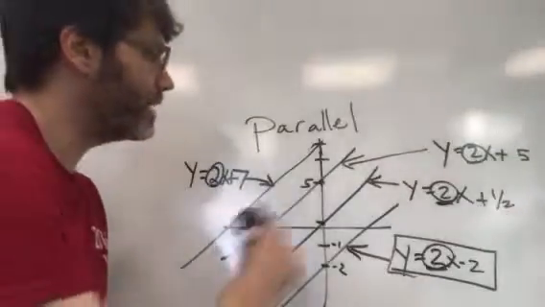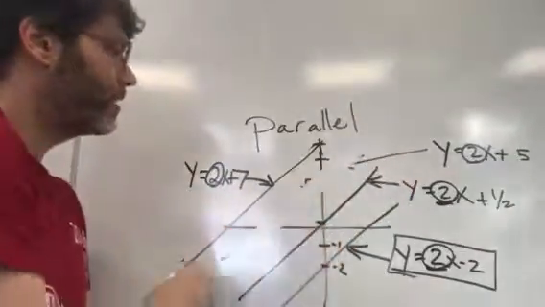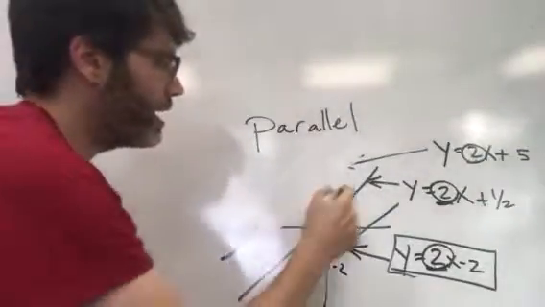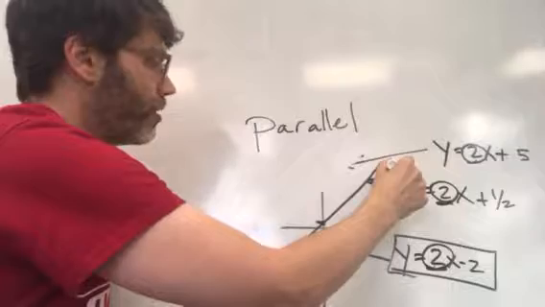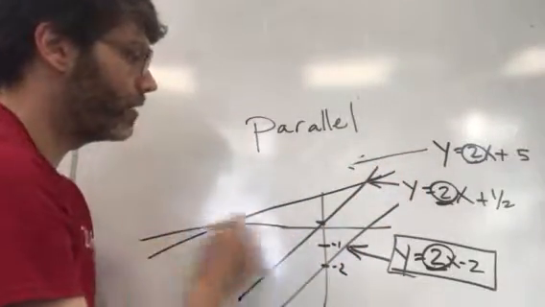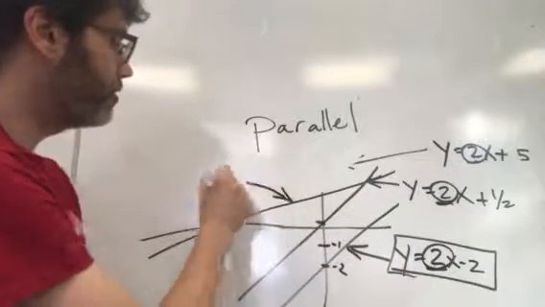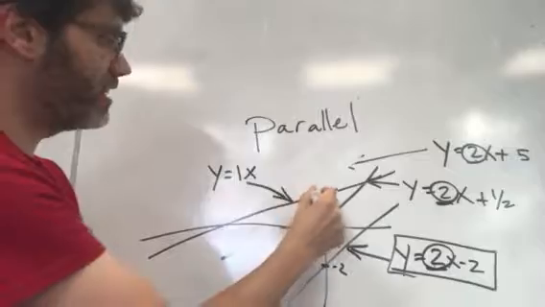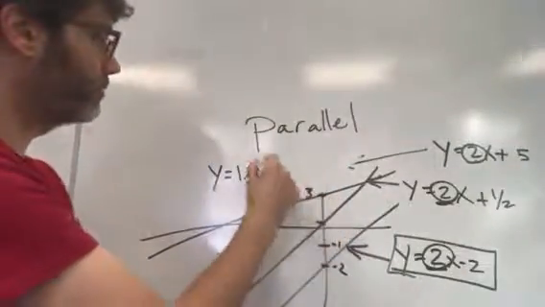If I instead had a line that had a different slope, let's say I had another line with a slope of maybe 1, and let's say it goes through, I don't know, 3 here.